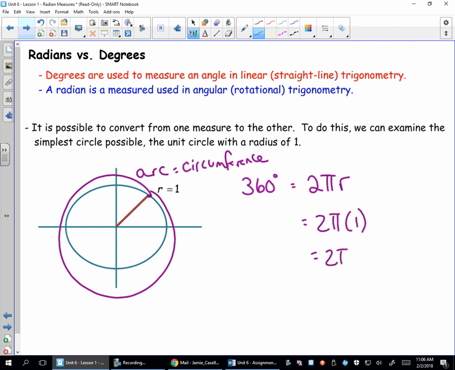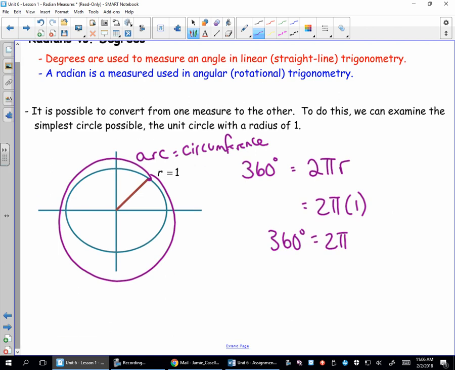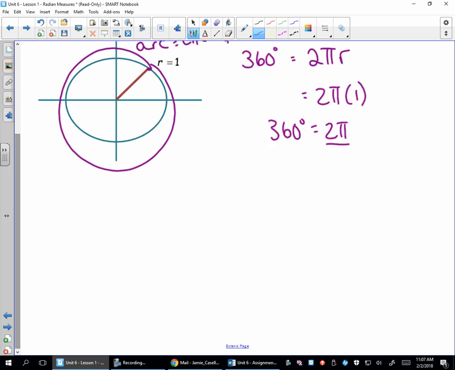Or in other words, just 2 pi. So I could really say that 360 degrees is equal to 2 pi radians. Or in other words, if I divide both sides by 2, I could say that pi radians equals 180 degrees.